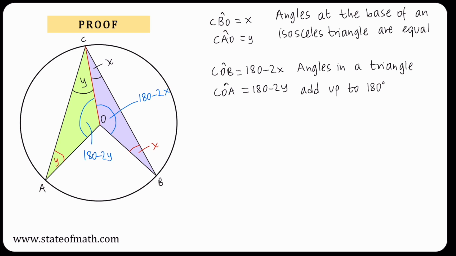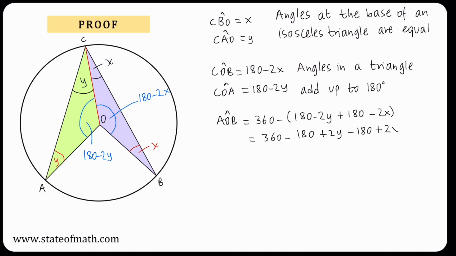And now we can conclude that the angle AOB, this angle here, I'm going to use the fact that angles at a point add up to 360 degrees. So it's going to be 360 minus the 180 minus 2y plus the 180 minus 2x. If I expand the brackets, I get 360 minus 180 plus 2y minus 180 plus 2x.